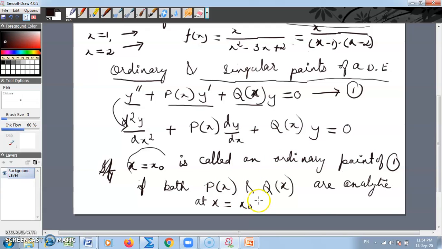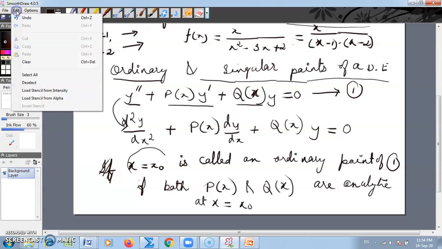That means they are non-zero. So this is the definition of an ordinary point. Things will become clearer when we start doing numericals. For the time being, let's just look at the definition.